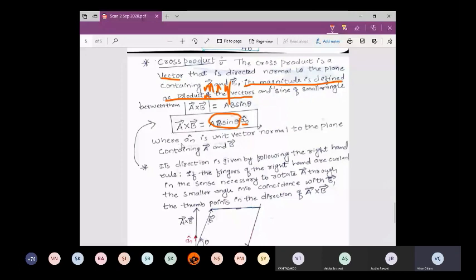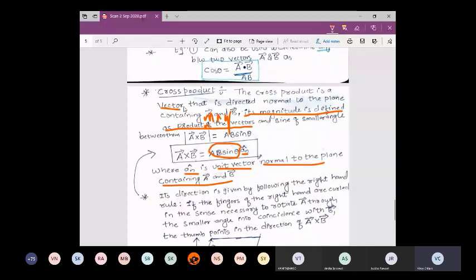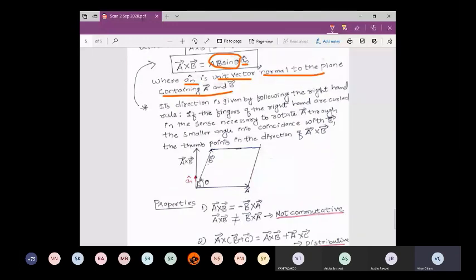A n hat is the unit vector normal to the plane containing A and B. Because we said that the cross product is a vector directed normal to the plane, A n hat represents a unit vector normal to the plane containing A and B, where this part takes care of magnitude and this part takes care of direction.